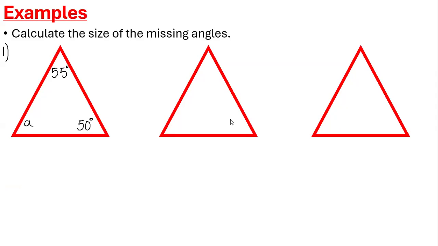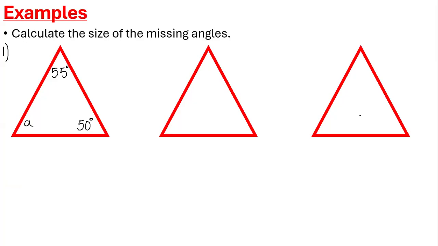Does anyone have any idea? How are we going to get angle A? What is the measure or the size of angle A? Any ideas on that? Add up 55 and 50 and subtract it from 180. That's what you're thinking?